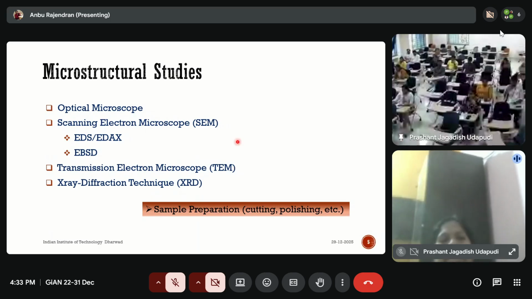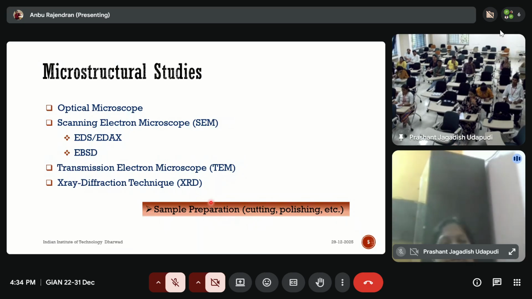Before getting into the technique, irrespective of the process, a defined sample preparation procedure is required. You must follow a standard procedure for the sample preparation. There is an ASTM standard you can follow.